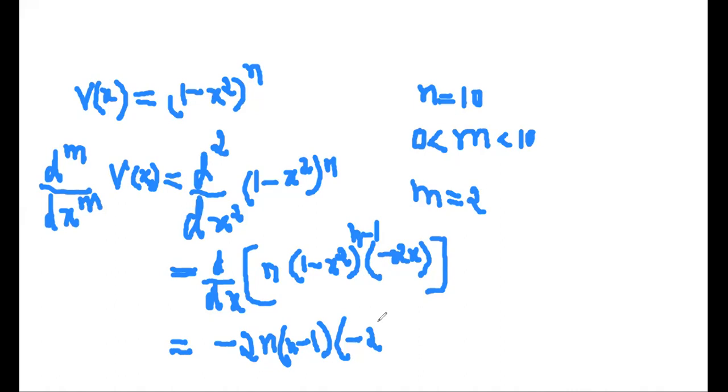So minus 2n into, when it comes to the second function, n minus 1 into 1 minus x square whole power n minus 2 into minus 2x, minus 2x whole square, plus minus 2n common తీసి first function అలాగే పెట్టి we consider the derivative of the second function.